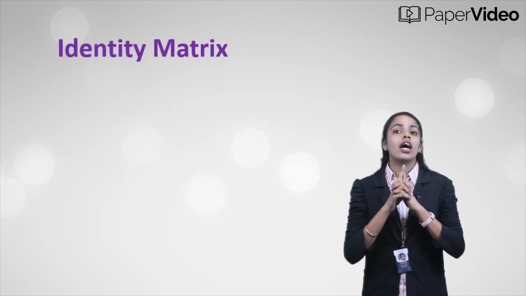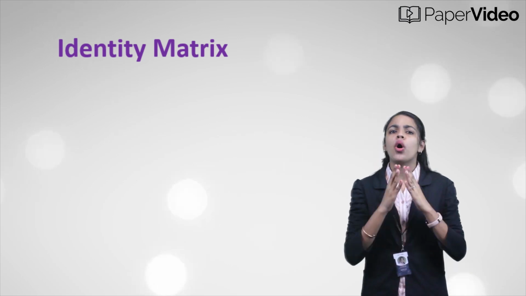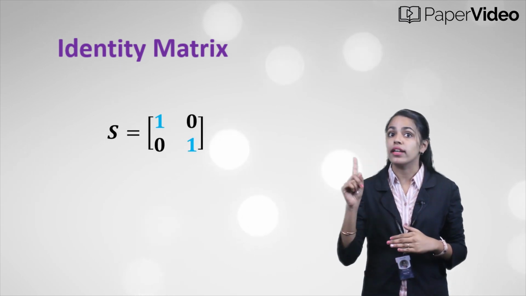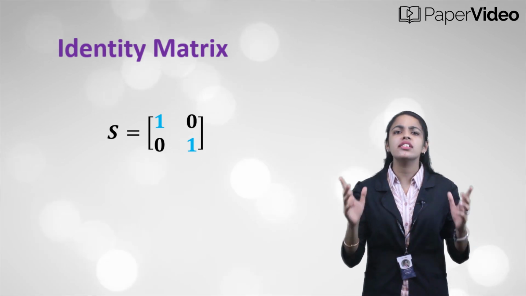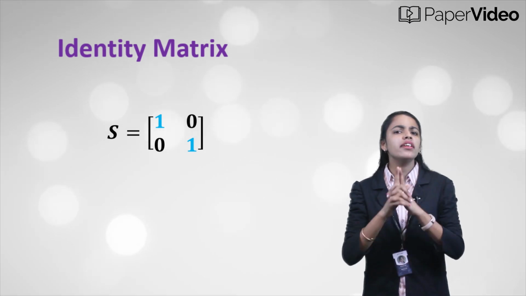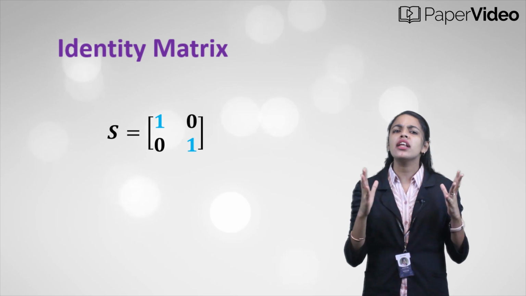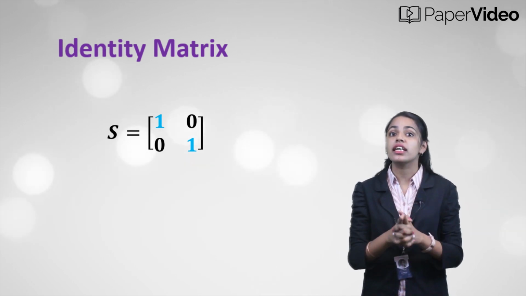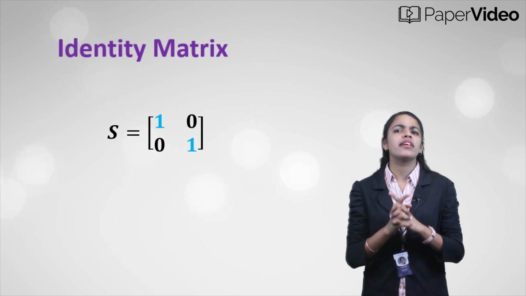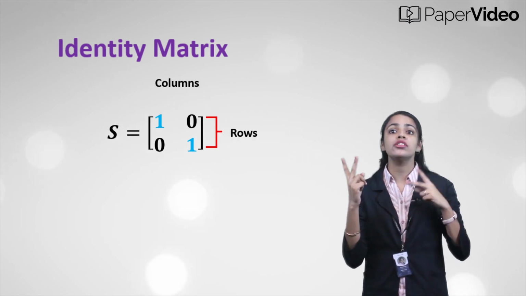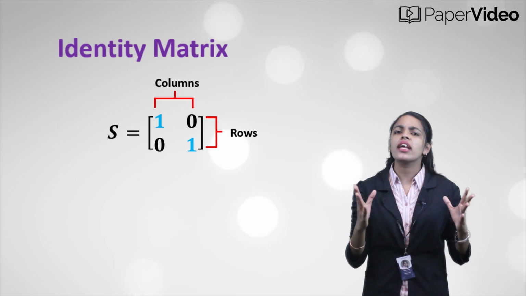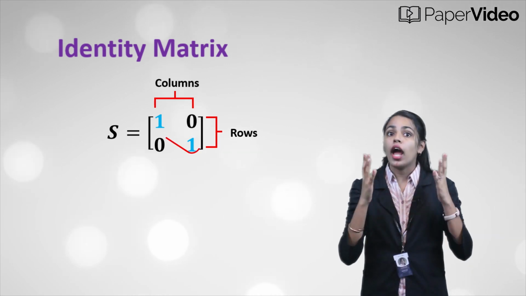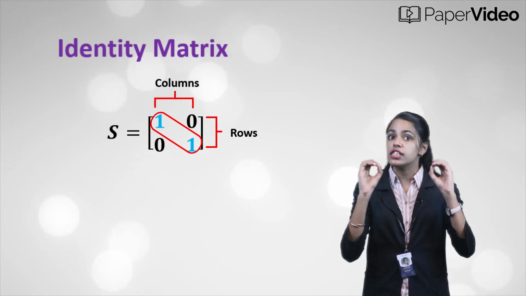Next type of matrix is unit matrix or identity matrix. A diagonal matrix in which all diagonal elements are 1 is known as an identity matrix. An identity matrix can have any number of rows and columns, but it must be a diagonal matrix. Here, matrix S has 2 rows and 2 columns, and all diagonal elements are 1 and non-diagonal elements are 0.